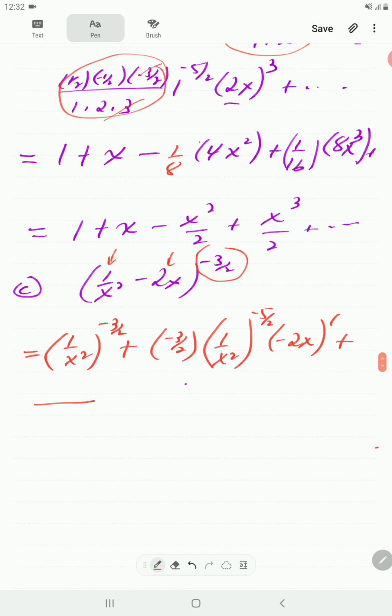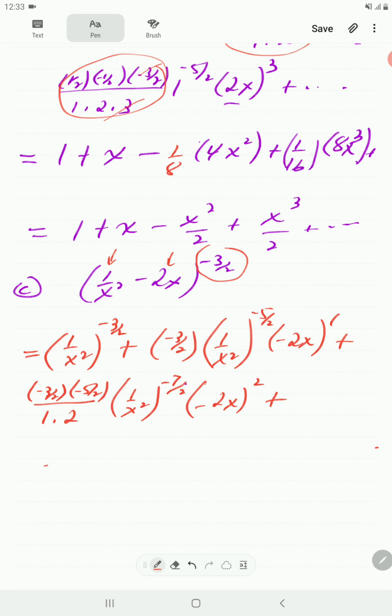Term number 3 is going to have 2 factorial in the denominator of the coefficient, and then 2 terms here, starting from -3/2. We have -3/2, -5/2. This term is now going to be to the power -7/2, because we're going down from -5/2, -2x squared.